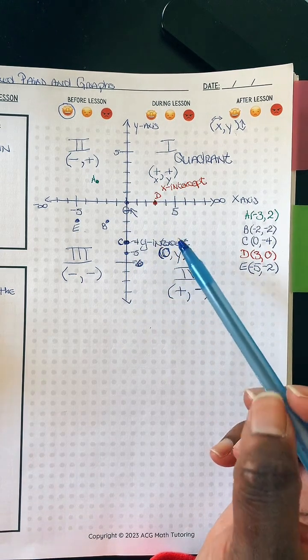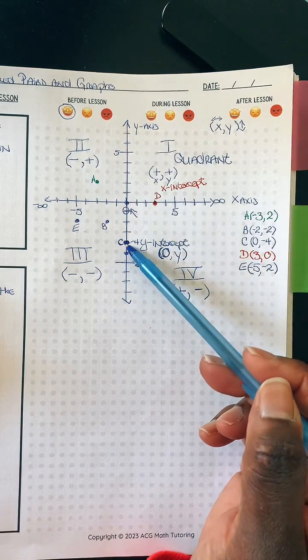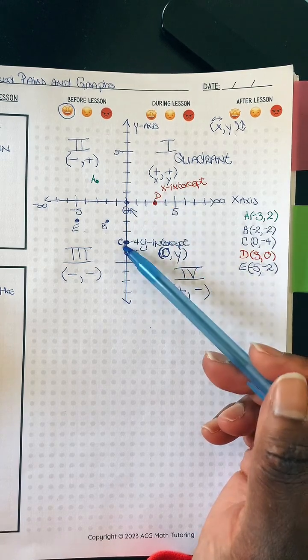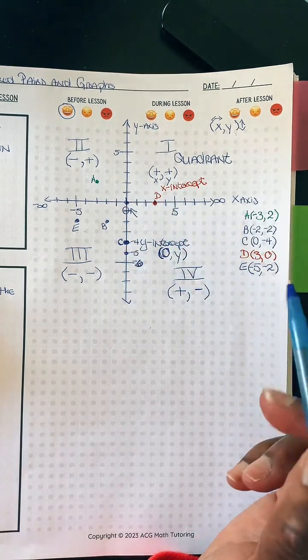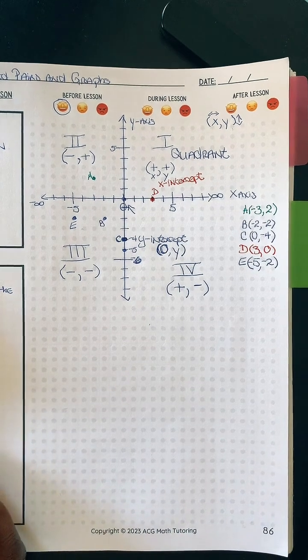You could put Q for quadrant, L for line. Put it in the comments, please.